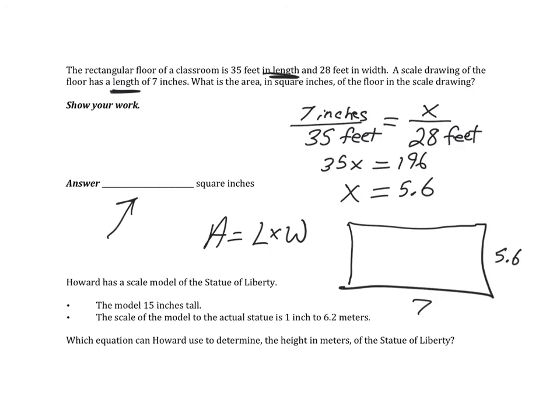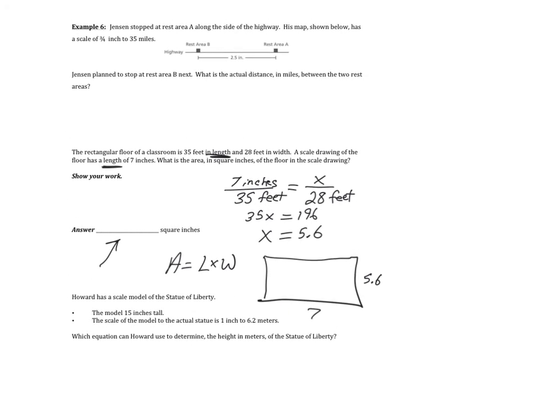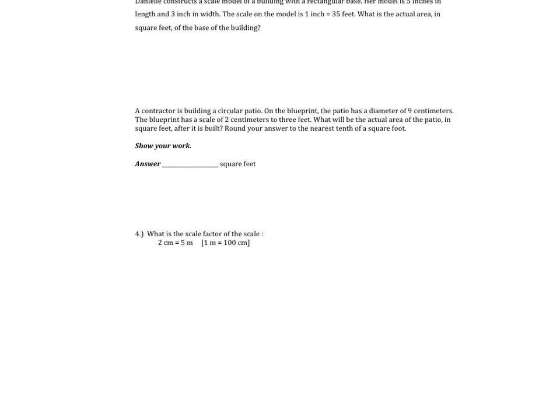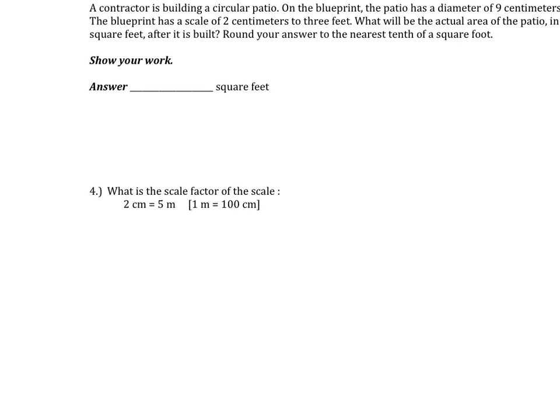Okay. And let me take a look at the last page. On the last page, this last problem, what is the scale factor of the scale 2 centimeters equals 5 meters? Really, this is kind of an odd problem, but what they're doing here is they're saying that one of those meters is 100 centimeters. Well, if I have 5 of them, then that means 500 centimeters.